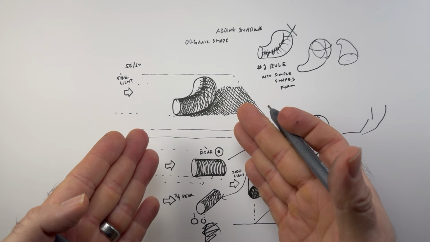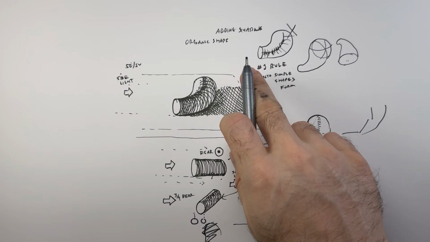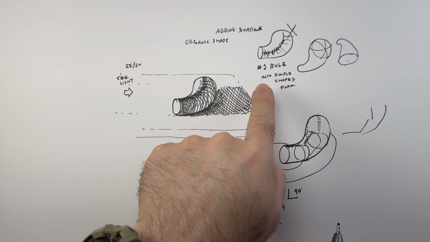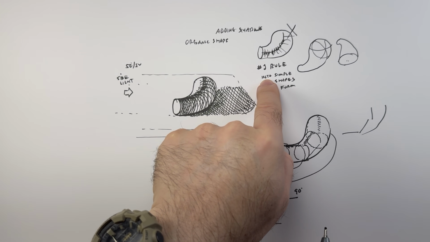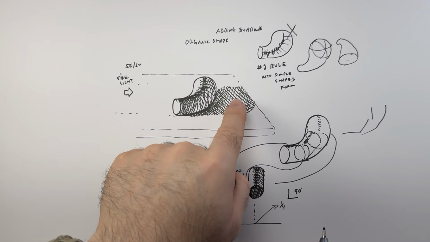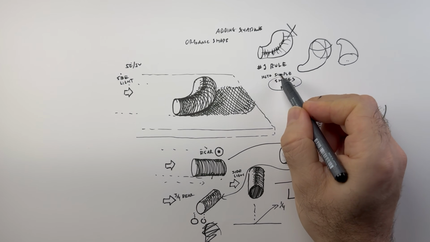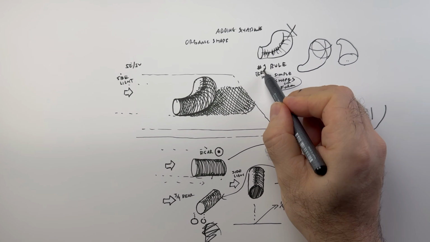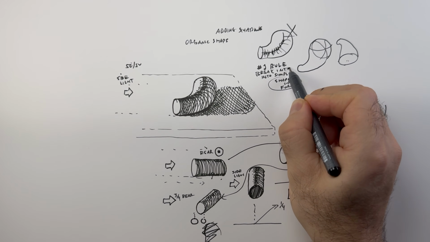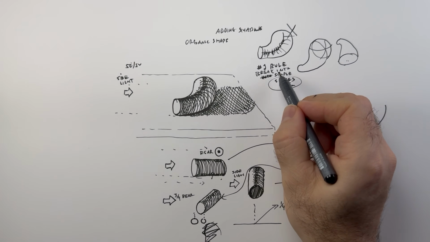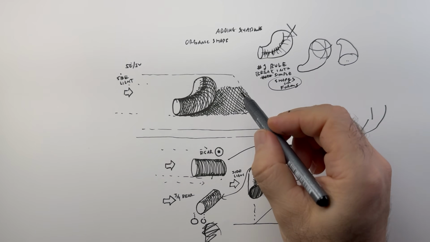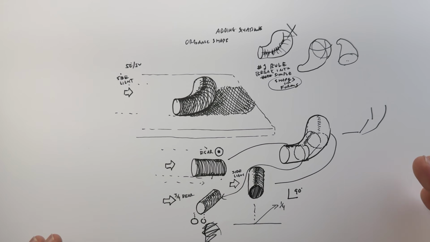Okay, so now we've built form and we know how an organic shape moves. So what do we do? Number one rule, you break your organic shape into simple shapes or forms. When you do that, you can understand any organic form.